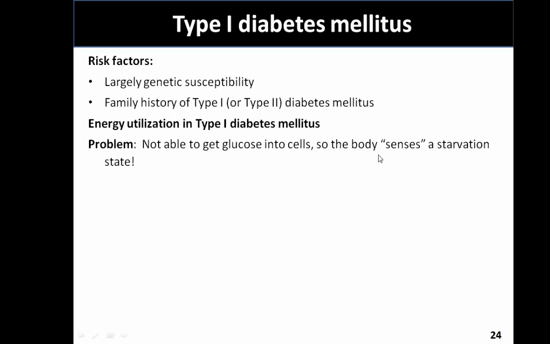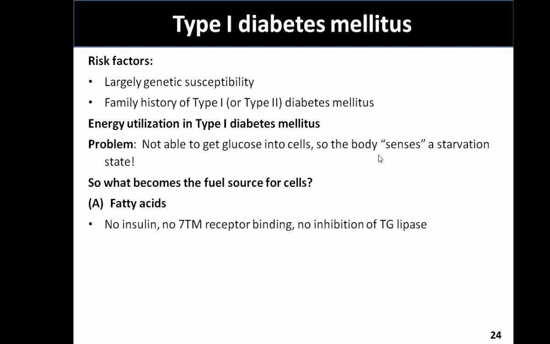This is a misinterpretation of the fact that there isn't a lot of glucose available to these cells. So the cells in the body will have no choice but to find another fuel source. So fatty acids are actually going to be the fuel of choice initially.